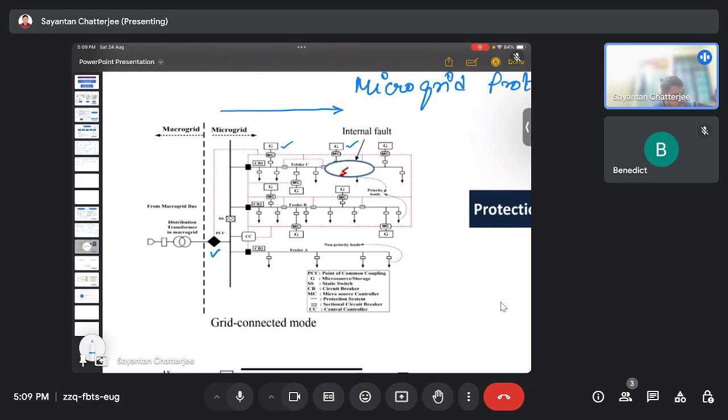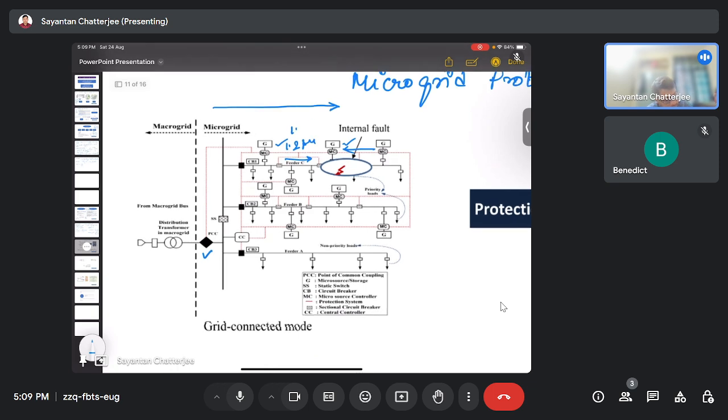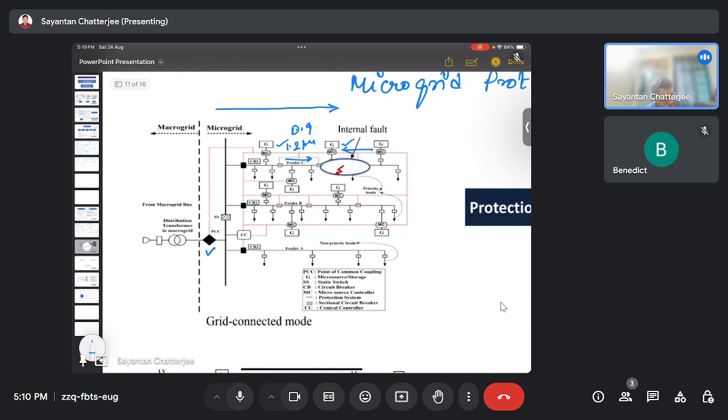If this DG was previously feeding, this line would have carried, say, 1.2 per unit of current, but with this DG also feeding, the current is now reduced to, say, 0.98.